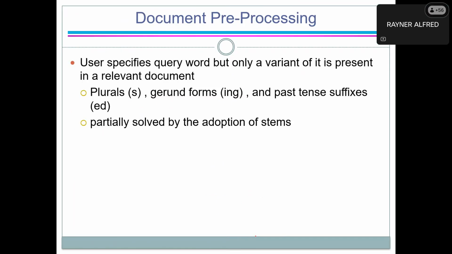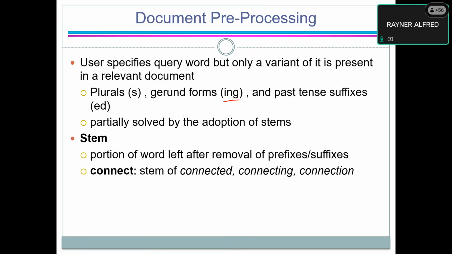Okay, we also need to do the removal of the plural s, and then removing the ing and so on. This is what we call stemming. So we want to only get the root word so that we can reduce the number of terms in our vocabulary.